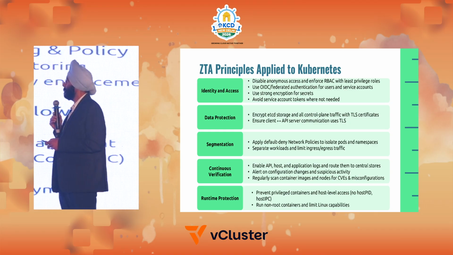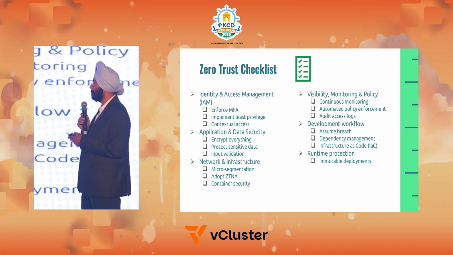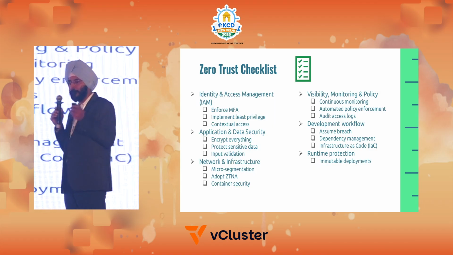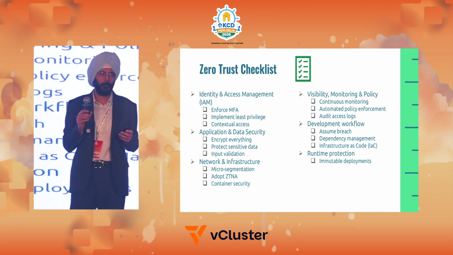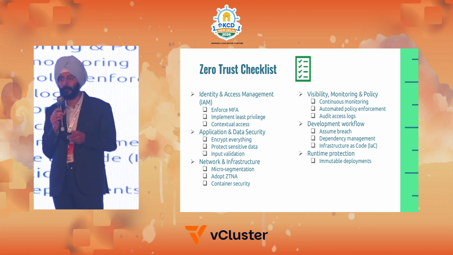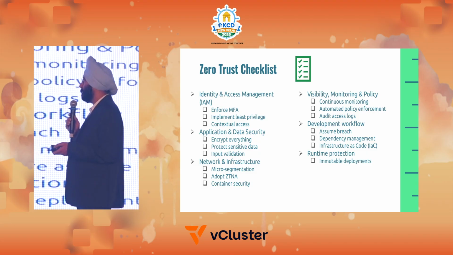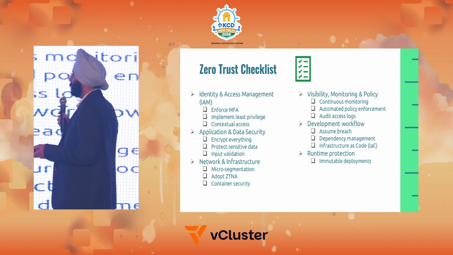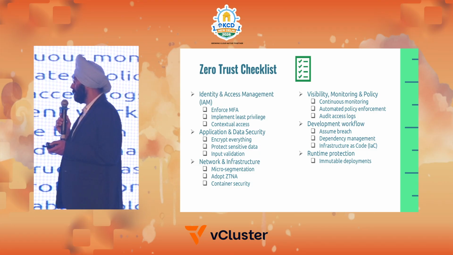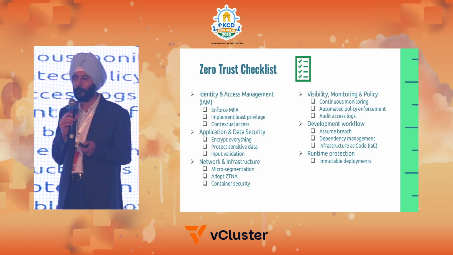So, a very quick checklist. Identity and access management: whenever you create your configuration and policies, you can keep this checklist in mind to make sure you're doing it right. For data security and network infrastructure, micro-segmentation I would highlight as very important.